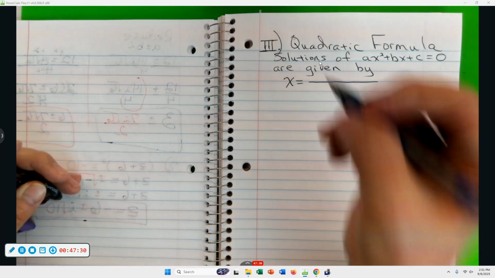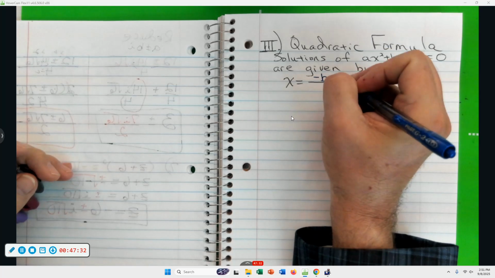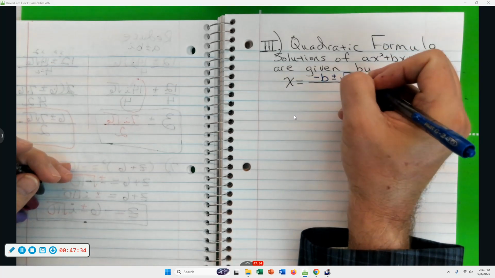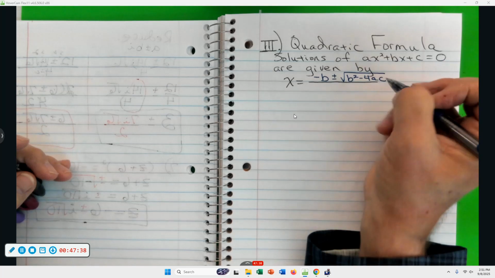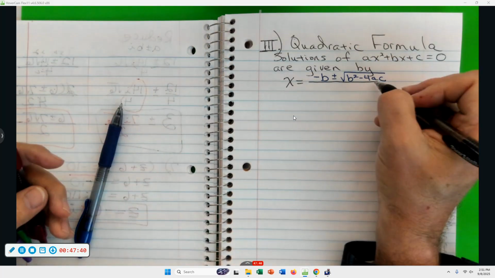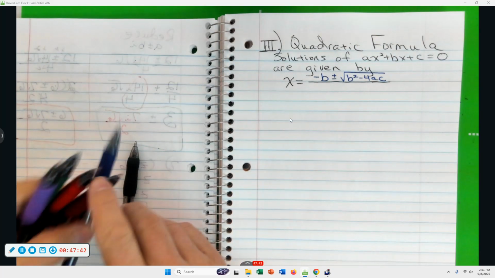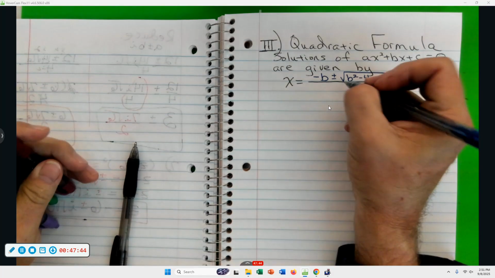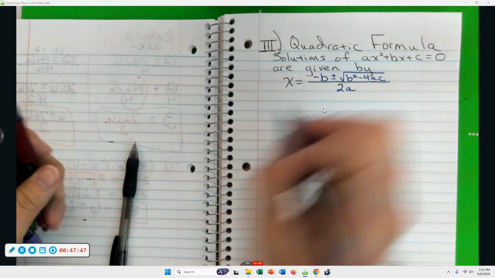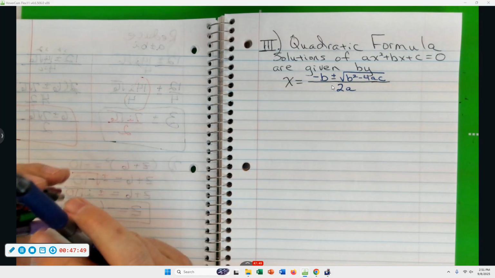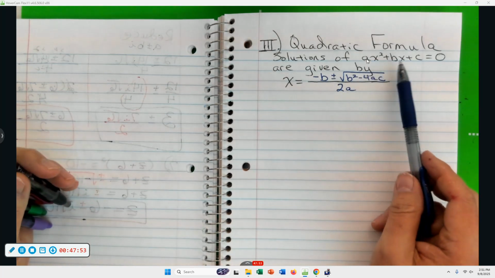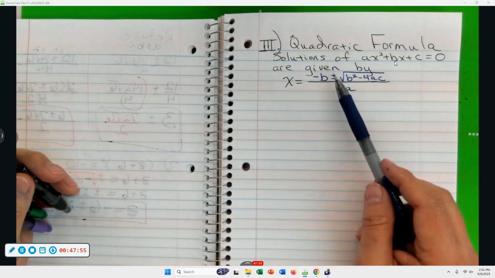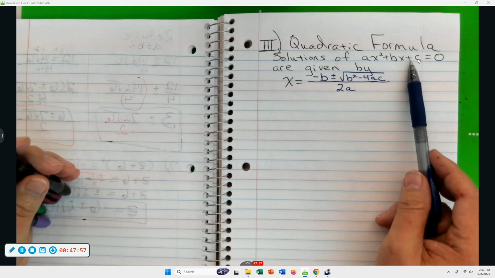On top we have the opposite of b plus or minus the square root of b squared minus 4ac. On the bottom, we have 2 times a. Now realize a is the number in front of x squared, b is the number in front of x, and c is the constant.